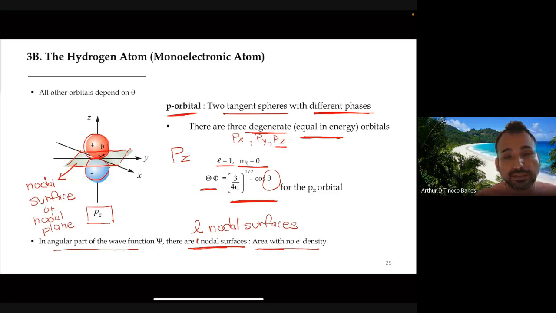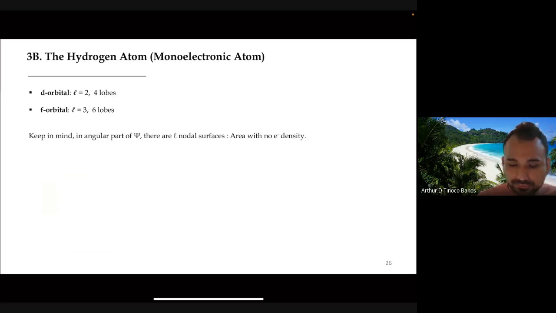Depending on the orbital type, the number of nodes will be equal to the value of L. I'm not showing you these orbitals, just want to emphasize the key points.